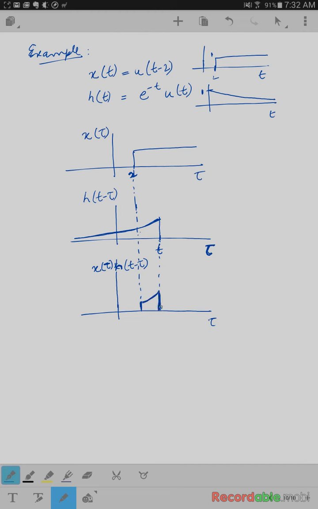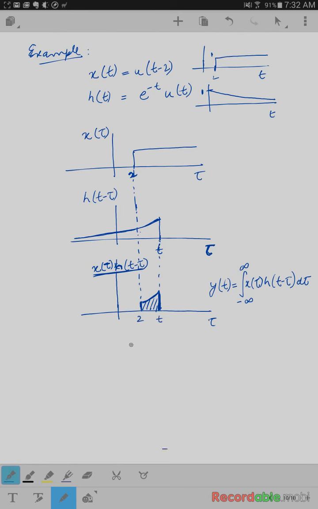And now what is the convolution? Convolution is the integration of this function. So my y of t is the integration from minus infinity to infinity of x of tau h of t minus tau d tau. So it's clear that this is the area that you want to evaluate, much like in the discrete time world, there was a summation you wanted to evaluate. So you want to evaluate this integral going from 2 to t.